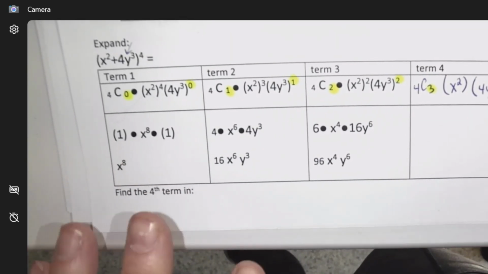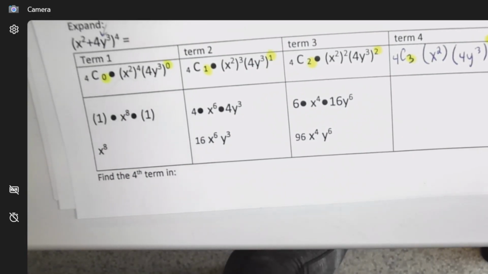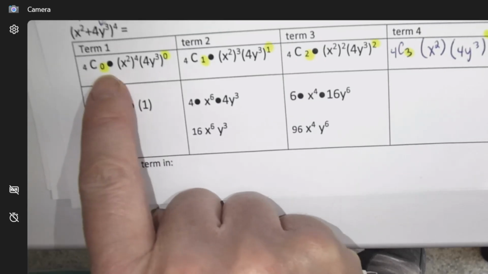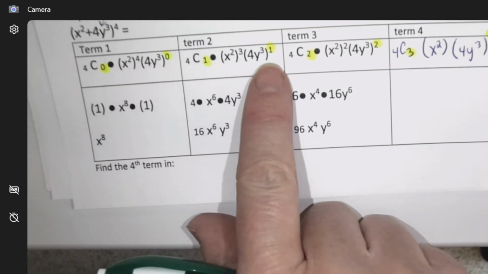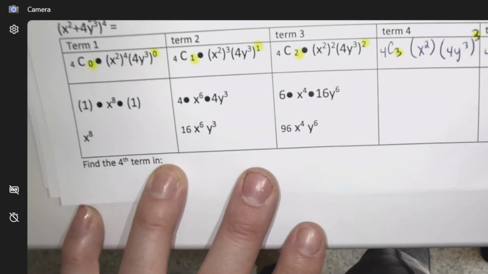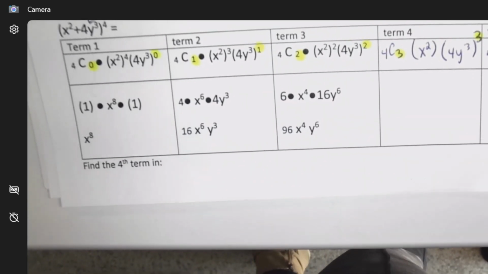Okay, do you see whatever your choose number is? So I'm going to say this is my choose number. 4 choose what? Has to be the exponent on the end. Do you see that? So then this one is a 3. This one is a 4 at the end.